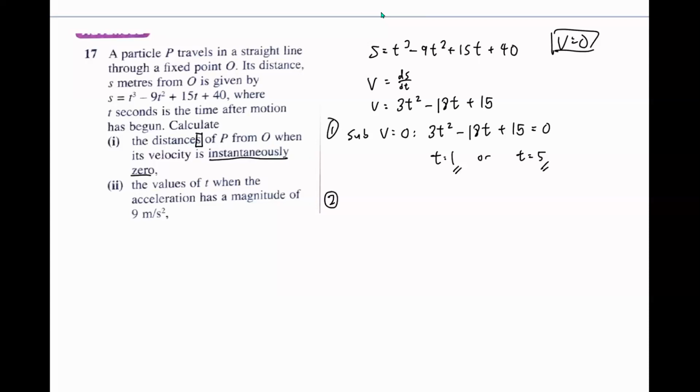Step 2: what do you do with those t values? Sub those into s. T equal to 1, s equals 1 minus 9 plus 15 plus 40. Let's calculate this. I get 47, positive. How about t equals 5?